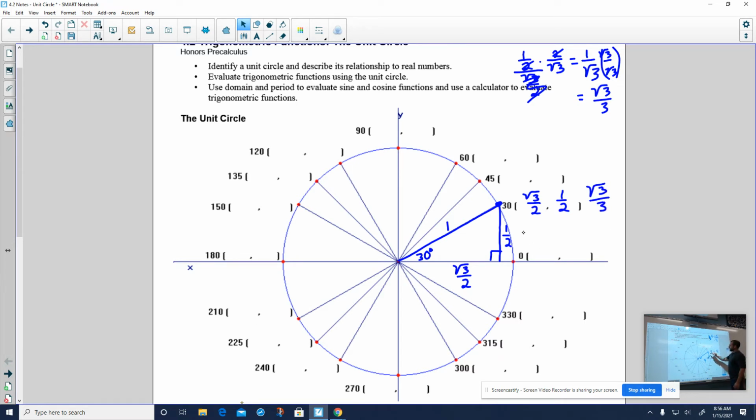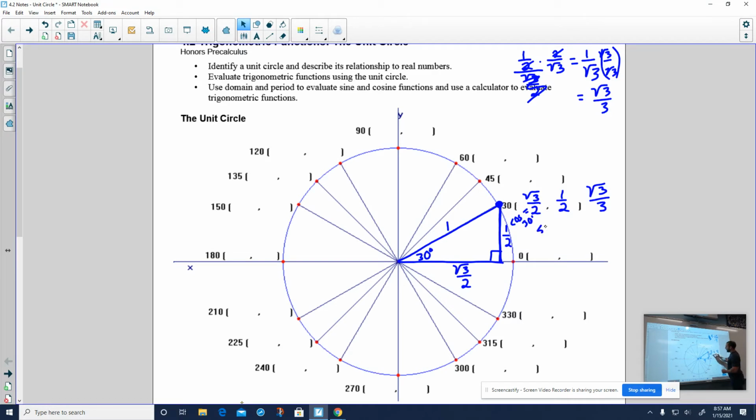So this is cosine of 30 equals square root of 3 over 2, always the x value of this coordinate right here. The x value, how far over from the origin. So cosine is always going to be the x value of this coordinate. Sine is always going to be the y value of the coordinate.